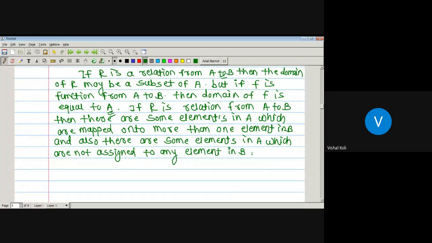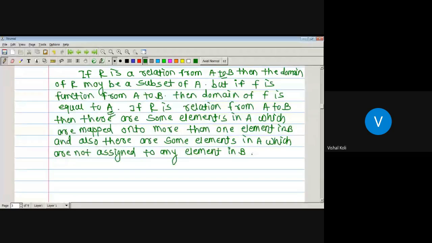So if R is a relation from A to B, then there are some elements in A which are mapped onto more than one element in B, and also there are some elements in A which are not assigned to any element in B. Since for a relation, it is possible that some elements in A are not mapped onto any element in B. But if F is a function from A to B, then each element in A is mapped onto a unique element in B, and the second one is also not possible.